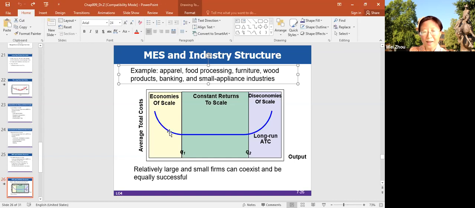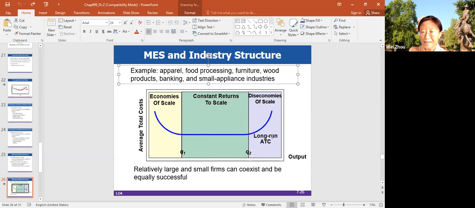With more bread, the cost goes down until I reach 100 bread. And when I reach 100 bread, my cost will be the lowest. Then I start making 200, 300, 400, 500, until I reach 1,000 bread. And then when I start making more bread, 1,001, 1,002, I find out my average cost goes up.